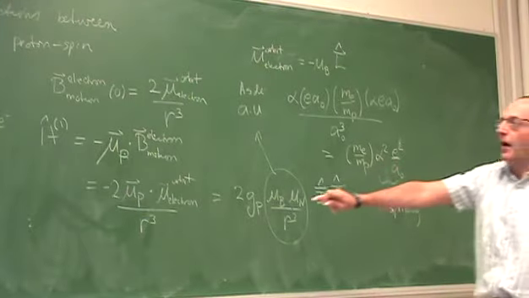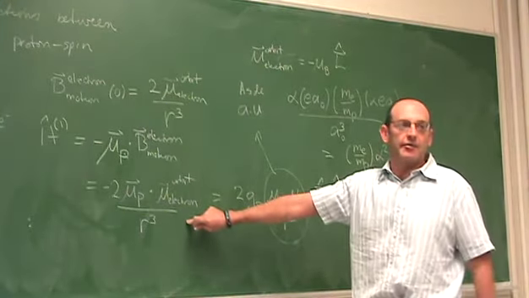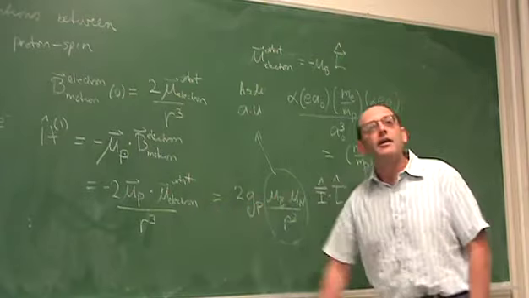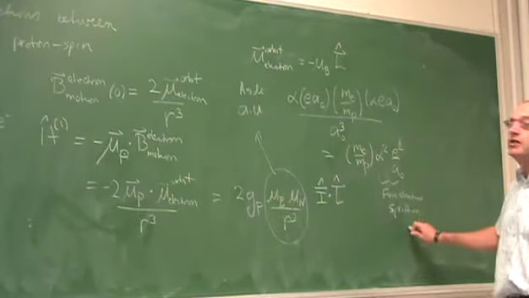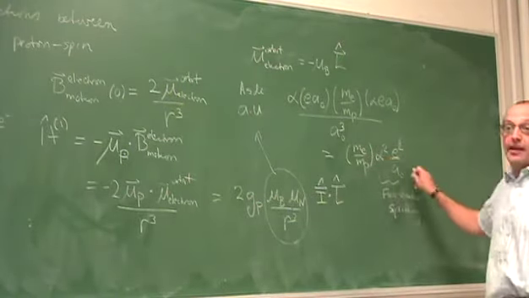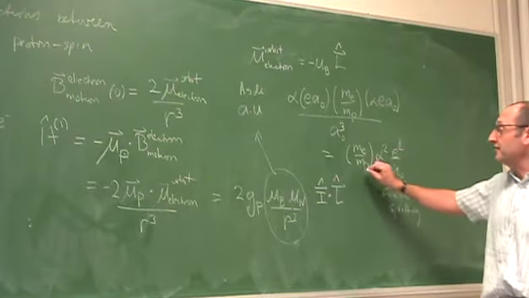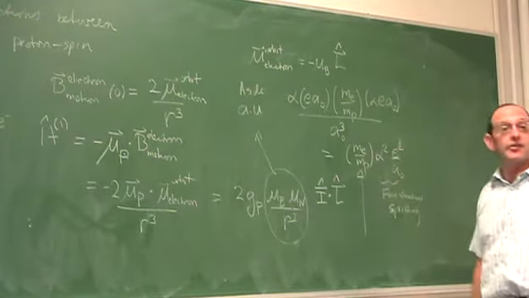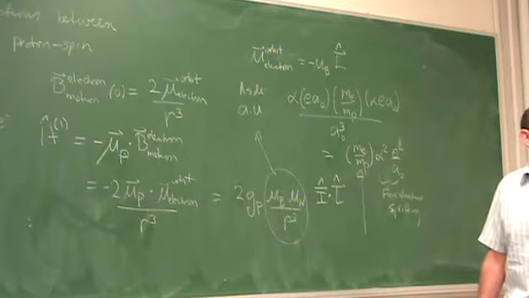The hyperfine splitting, at least this term in it, is reduced compared to the energy scale associated with the fine structure by the ratio of the electron mass to the proton mass.